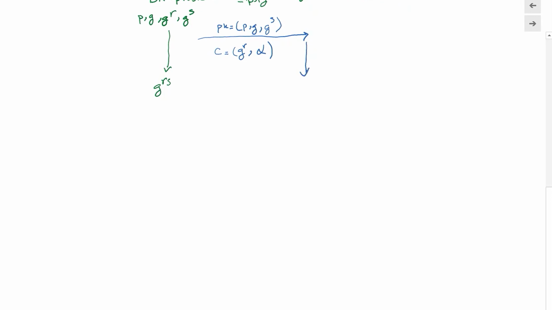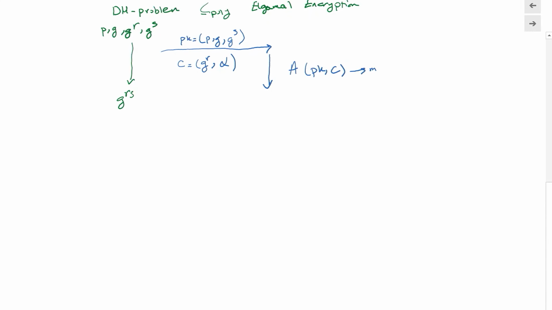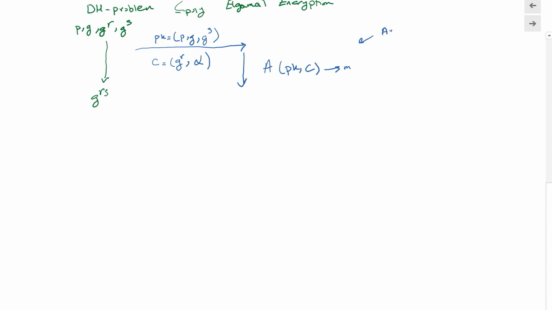So now we come over here and develop this algorithm A that, given the public key and ciphertext, can compute the message m. This is the adversary that can break ElGamal encryption.